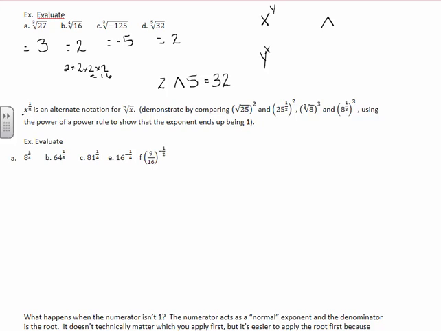And those will cancel out to be 1. That's what this is saying here. So if I had the square root of 25 squared, the square root of 25 is 5, squared is 25. So you can see how those take you back to the same thing. So the square root and the squared sign actually just cancel out.